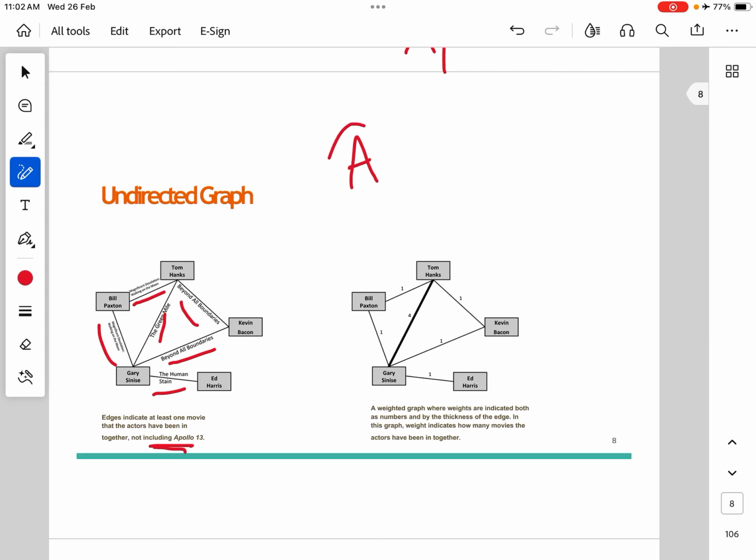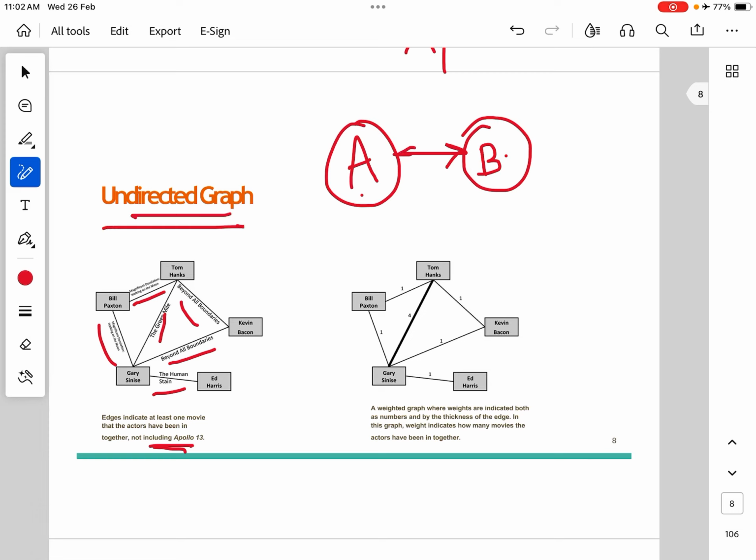If I say A directed to B, that means A is related to B, but B is not related to A. Here both of them are related to each other. So undirected means that it is a double-sided arrow. You can understand an undirected graph as a bidirectional structure where A to B is possible and B to A is also possible.